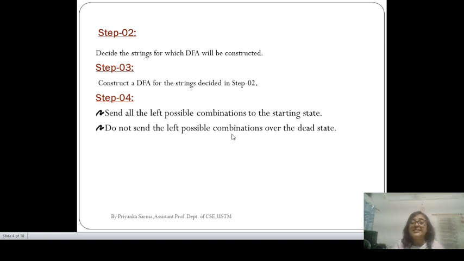That means we can send input from the initial state to the dead state, but from that dead state we cannot move forward to the final state. So this is the concept of the dead state.